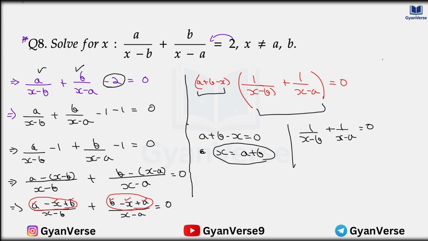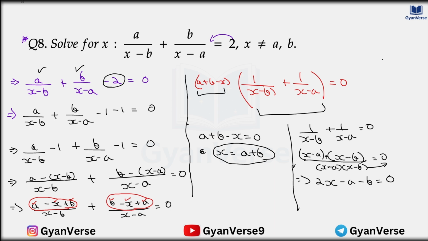Now for solving this, I have to take the LCM. The LCM will be x minus a, x minus b, equals 0. It will be x minus a plus x minus b. So you have to solve this. It will become 2x minus a minus b, equal to, you can either solve it or just directly cross multiply it, equal to 0.